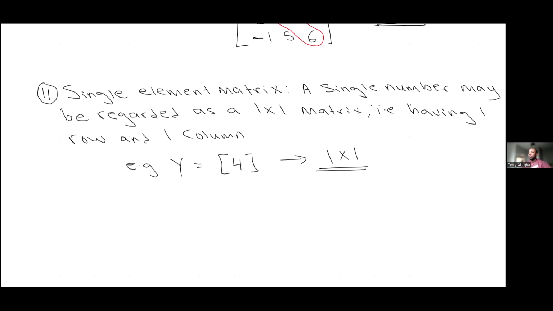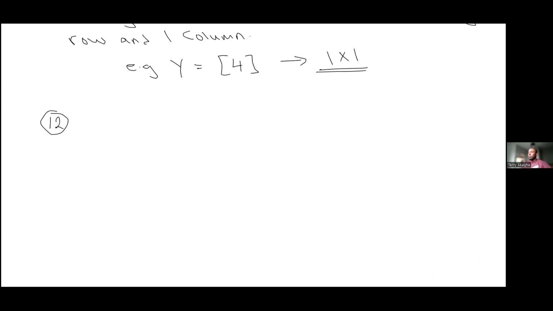Now, number 12, very easy. Basically, if you just have one number in the whole matrix, it's called a single element matrix. So number 12 is what we call equal matrices. When are two matrices called equal matrices? Two matrices are said to be equal if corresponding elements throughout are equal.